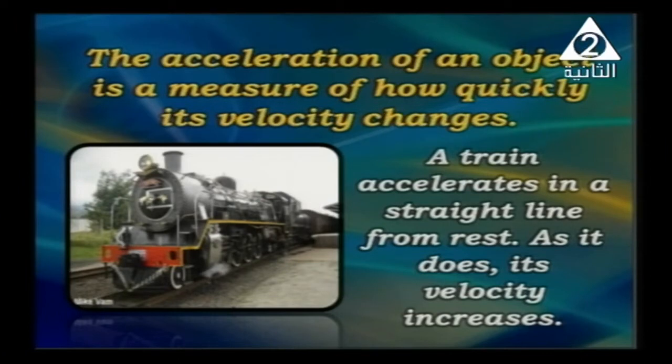So we have the train. It accelerates. Accelerate means change its speed or increase its speed during time. So it accelerates in a straight line from rest, so its velocity increases. It means it has an acceleration.